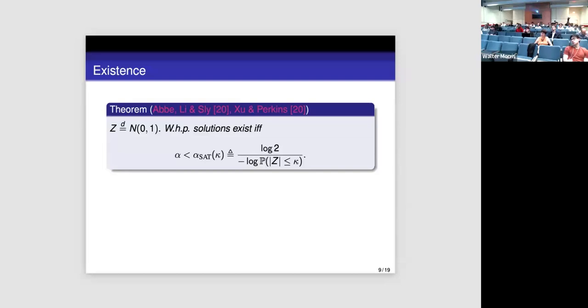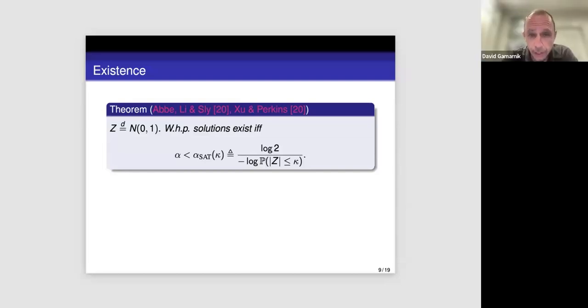Provided the ratio of rows to columns, alpha, is less than the number on the right-hand side, the solutions do exist with high probability, with probability approaching 1 as n goes to infinity. And when alpha is bigger than this threshold, the solutions do not exist with high probability as n goes to infinity.